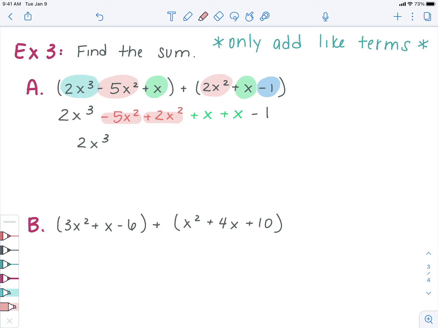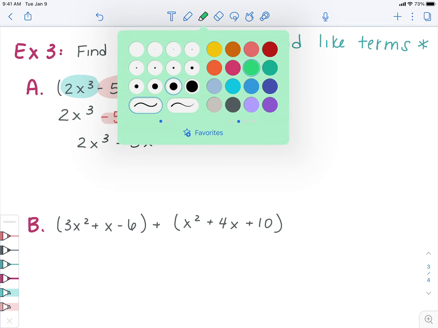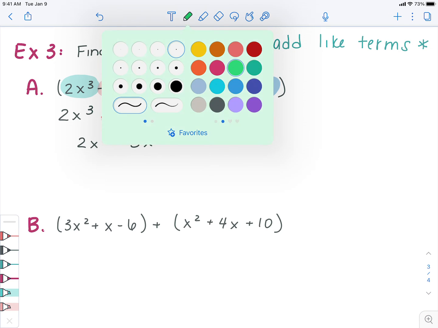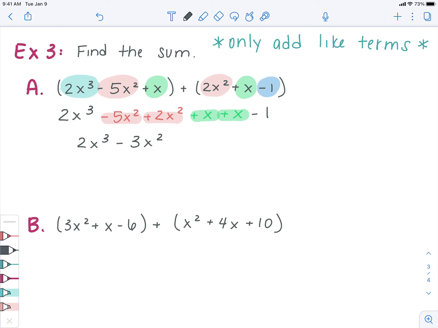If I had negative 5 and I add 2 more, I end up with negative 3x squared. A positive x plus another x gives us positive 2x. And then bring down my minus 1.